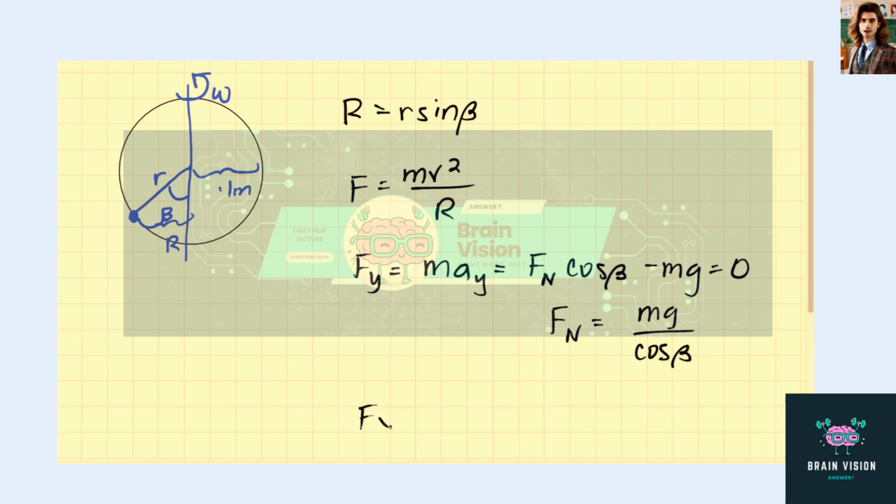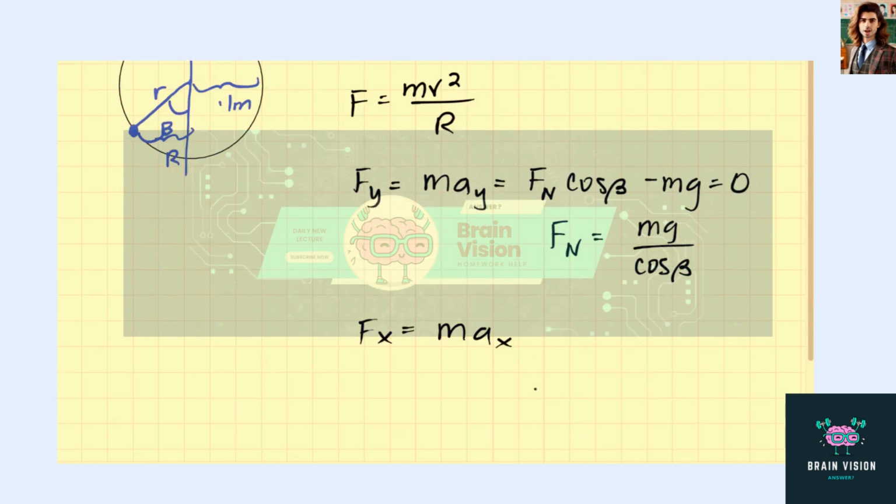We have the force in the x direction is the mass times the acceleration in the x direction. And we have that the normal force times sine of beta is the mass times the radial acceleration.